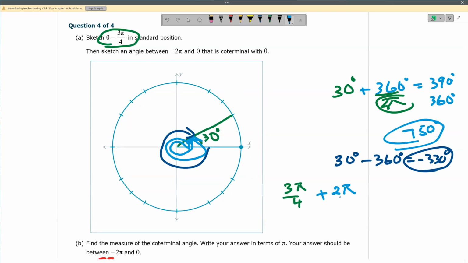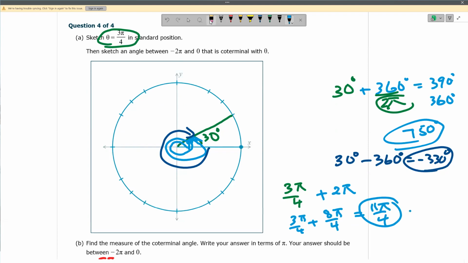And you have to convert to fractions, right? So that is 3 pi over 4 plus 8 pi over 4. That's 11 pi over 4. So the coterminal of 3 pi over 4 is 11 pi over 4.